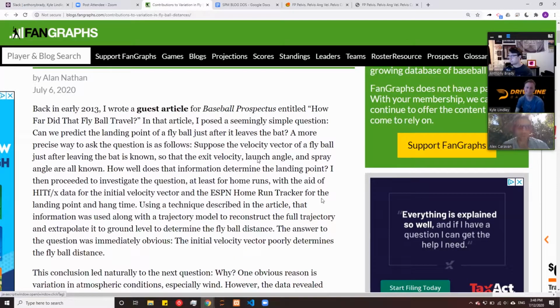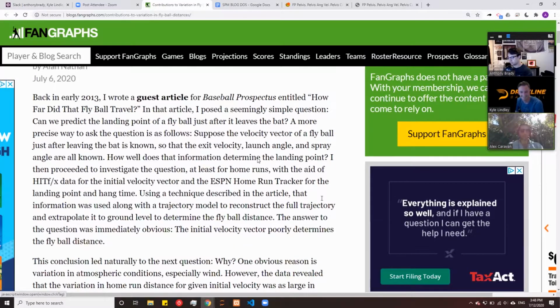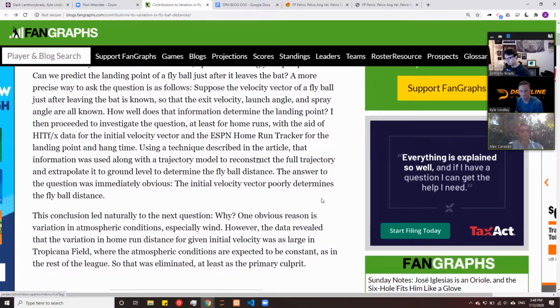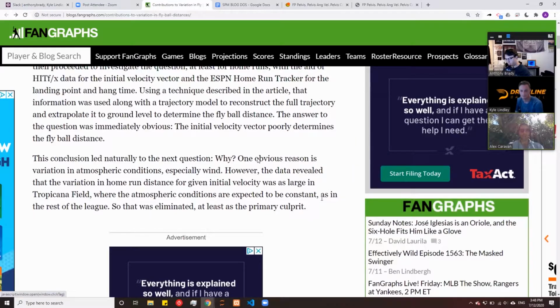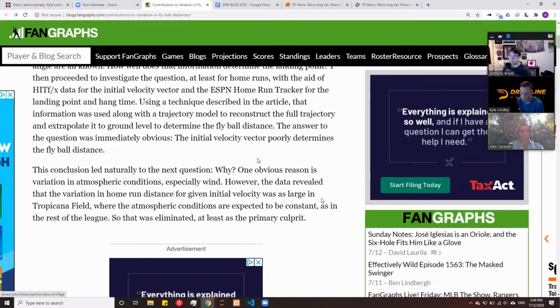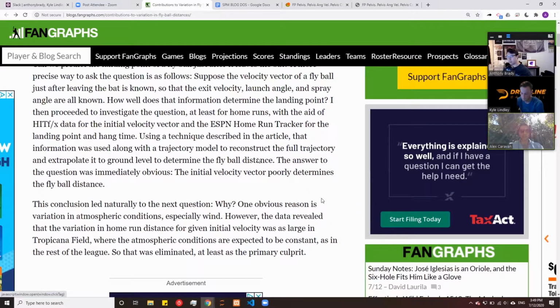I'm going to go through some of this stuff, but essentially this started in his past work with trying to see what determines the variation in fly ball distance when you hold exit velocity and launch angle constant. That was the initial aim he had, using HitFX data, and he has spray angle as well.